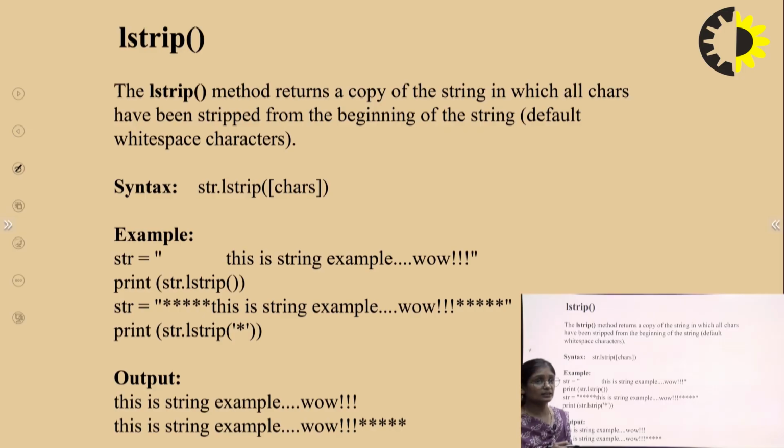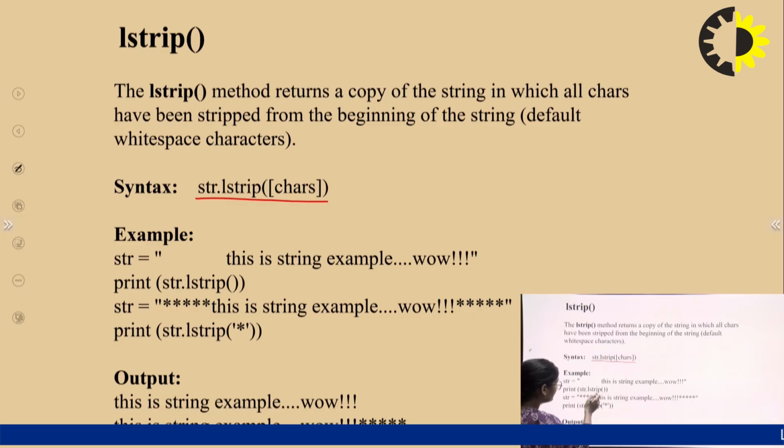Next is lstrip. This method returns a copy of the string in which all characters have been stripped from the beginning of the string. By default white space characters. What is the syntax? string.lstrip(chars). Example: "this is a string example....wow".